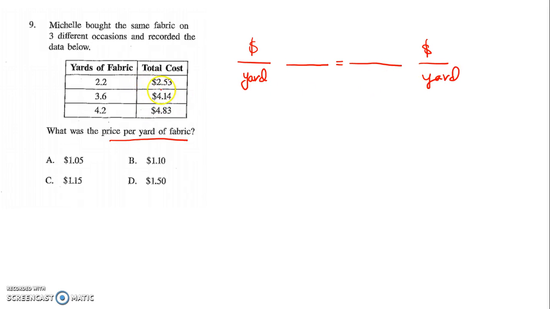All right, well, you know it's $2.53 for 2.2 yards. And I want to know the price per yard. That means how much does it cost for just 1 yard of fabric. You could have used any one of the given dollar amounts and the corresponding yards, but I'm just going to start with this. $2.53 for 2.2 yards.